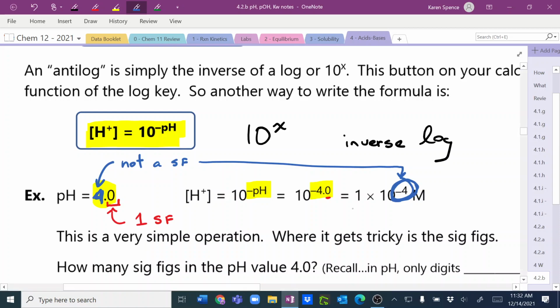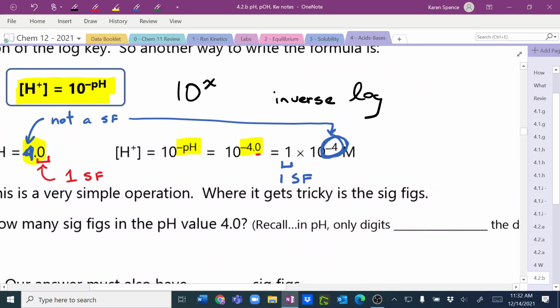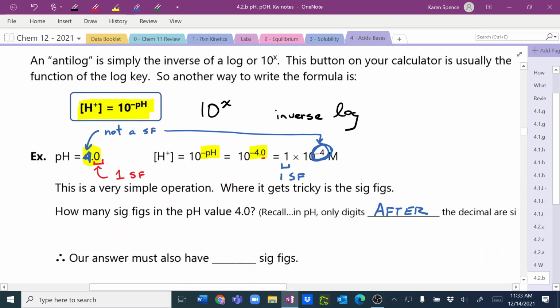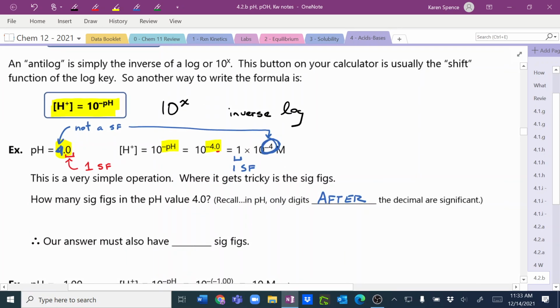So if we have 1 sig fig here, we need to have 1 sig fig here. Recall, in pH, only digits after the decimal are significant. Therefore, our answer must have 1 sig fig.